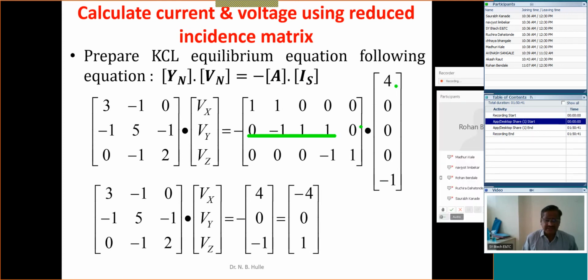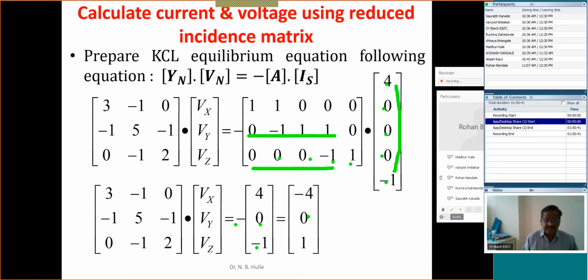Second row: 0 into 4 is 0, minus 1 into 0, 1 into 0, 1 into 0, 1 into 0, and finally 0 into minus 1, so this entry will be 0. Third row: 0 into 4 is 0, 0 into 0 is 0, minus 1 into 0 is 0, but 1 into minus 1 will be minus 1. So in that case, its entry will be minus 1.